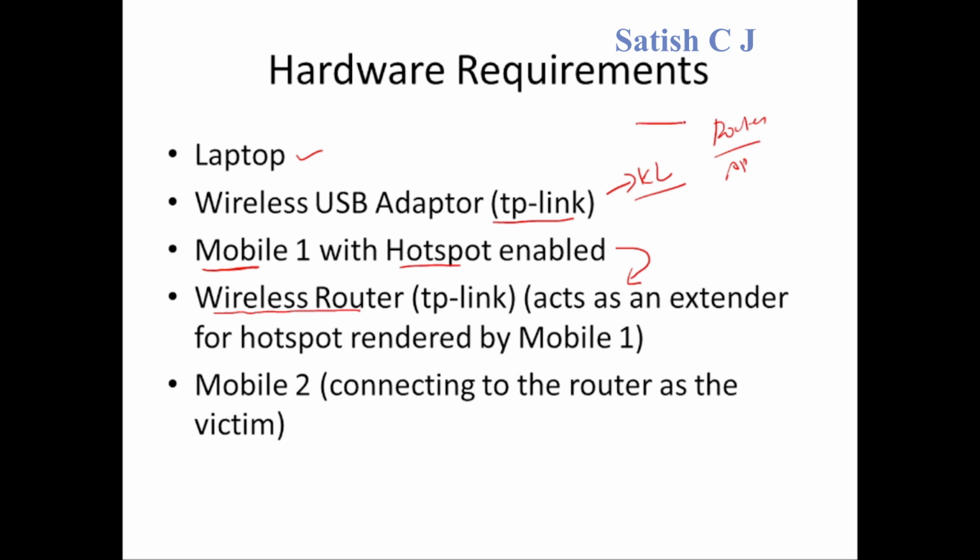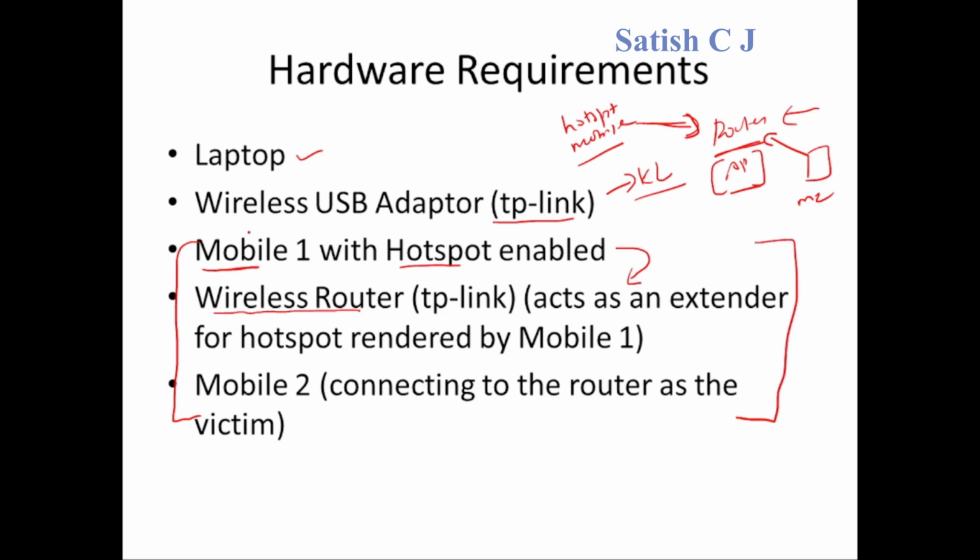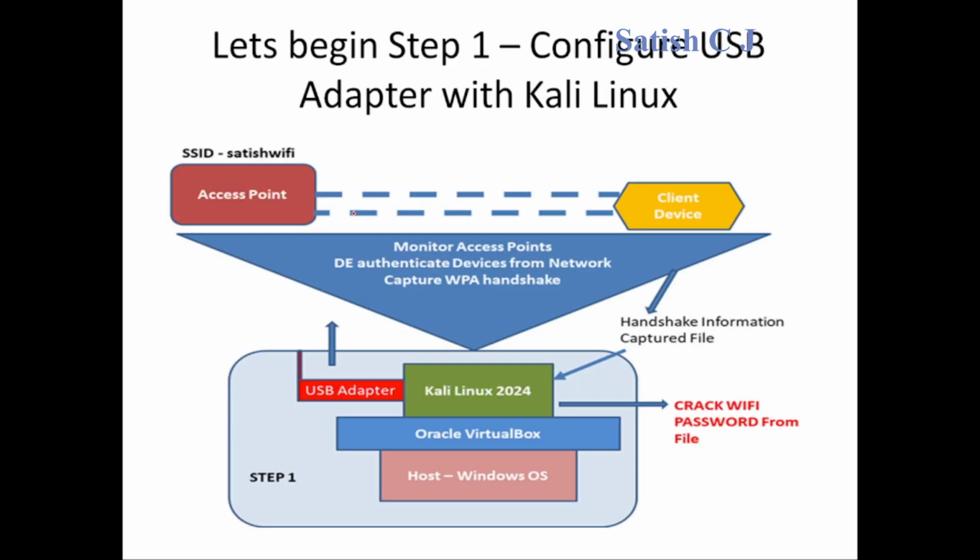So the input for my router is the hotspot from my mobile 1. I'm extending it using a TP-Link router, which acts as my access point. And this mobile 2 is my client device connected to this router. So this is how I set up my own mobile network, and these are the hardware requirements.